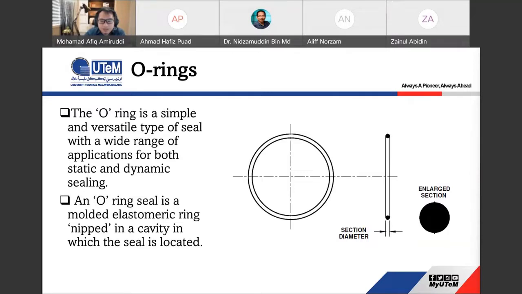This plays an important role in sealing condition. If the nip doesn't exist, they will leak. That's why they create some sort of nip cavity inside the elastomer O-ring.